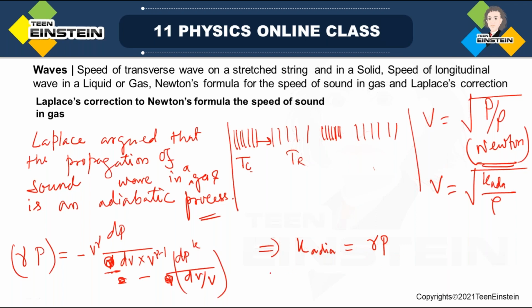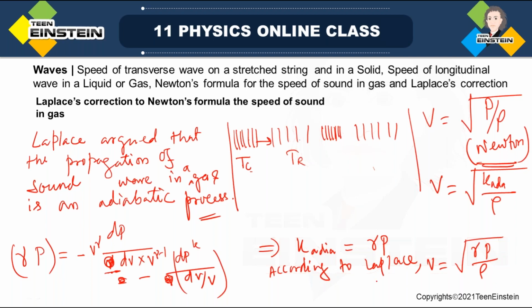Therefore, according to Laplace, velocity will be given by square root of gamma P by rho. So what is gamma?